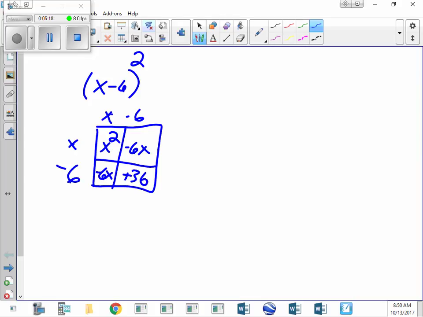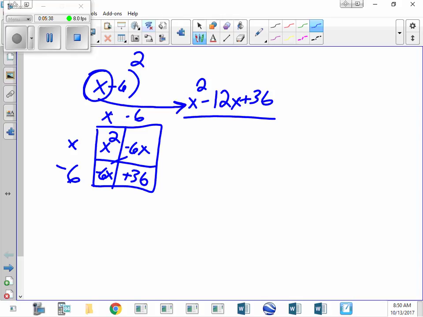Okay? Well, when I combine those, these add together, and I get x squared minus 12x plus 36. Well, this has a special pattern. This squared is that. And then this times 2 is that.